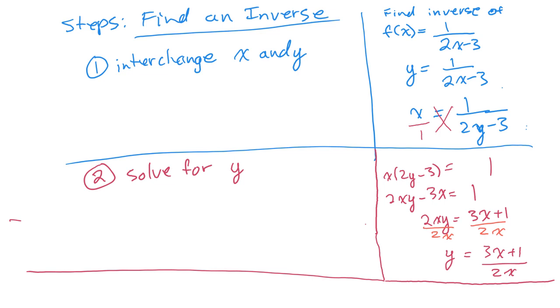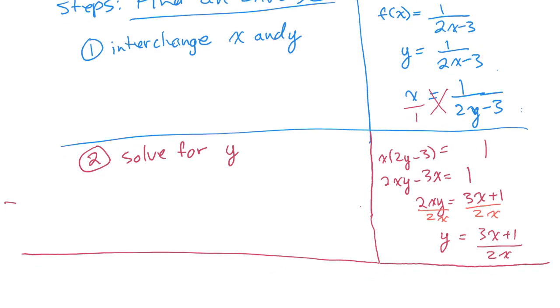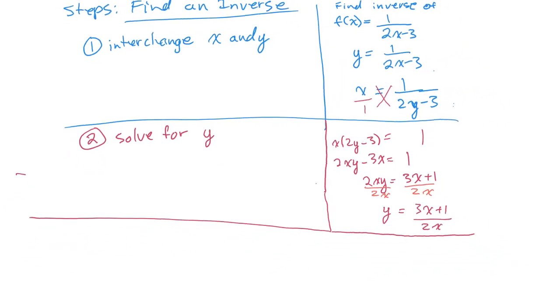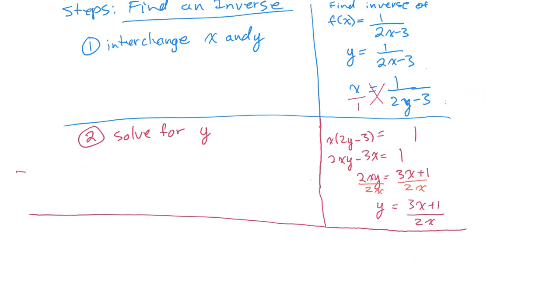Okay. And stage 3 of our problem is going to be something really easy. I'm just going to shrink this so everything is here. And stage 3 is this: rename what we found for y to be f inverse of x.